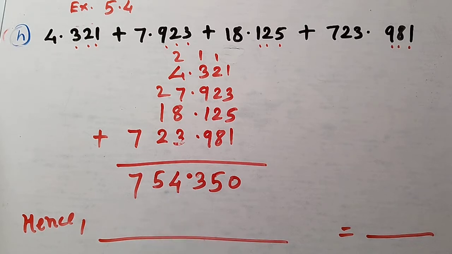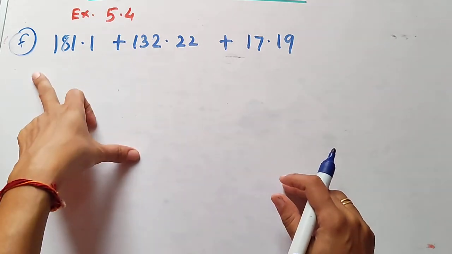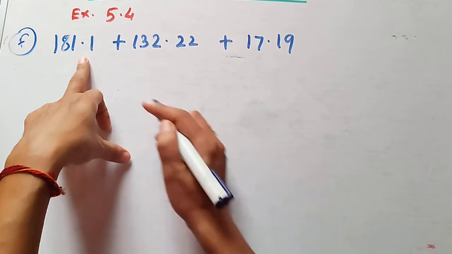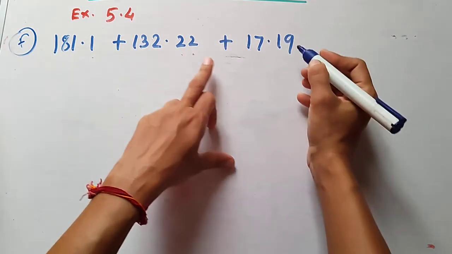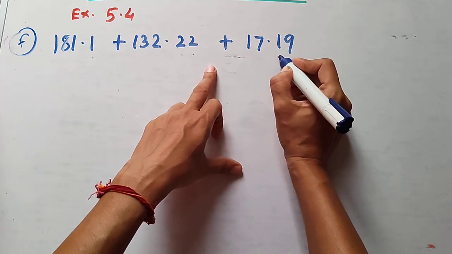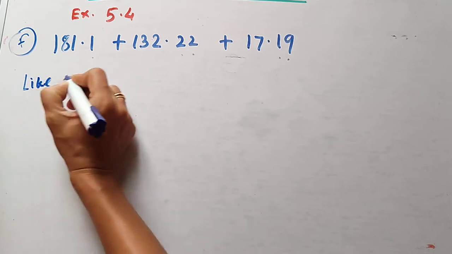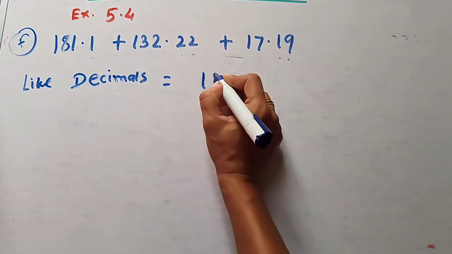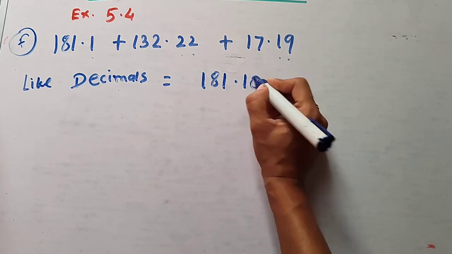Okay, in this way. Now see, this is one more example from 5.4 F number. These are unlike decimals. After the decimal point here is 1 digit, here are 2 digits, and here again 2 digits. So the first step is to make like decimals. The like decimals are 181.1; here is 1 digit, so you have to put one more 0.